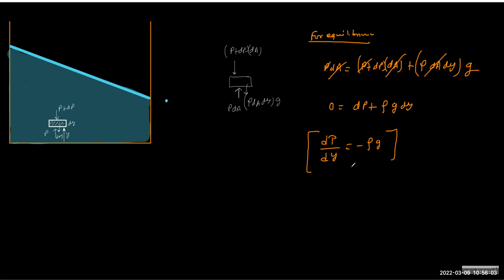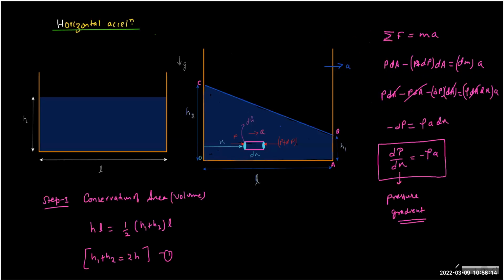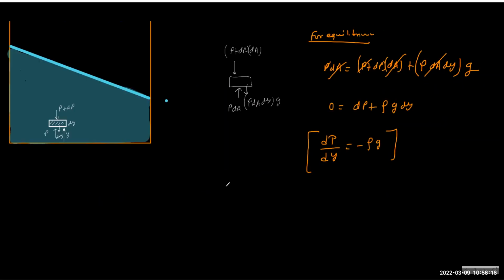So now we have the two relations: dP by dy is minus rho g, and dP by dx is also minus rho a.